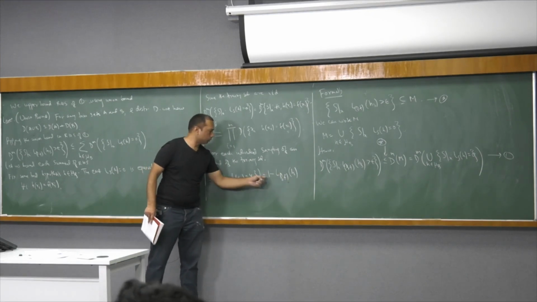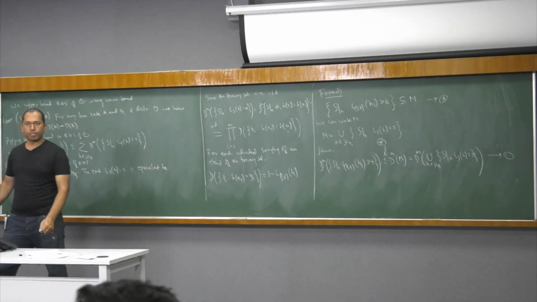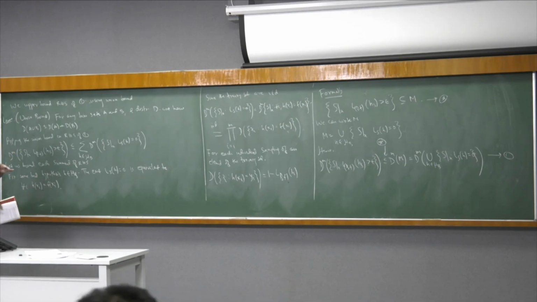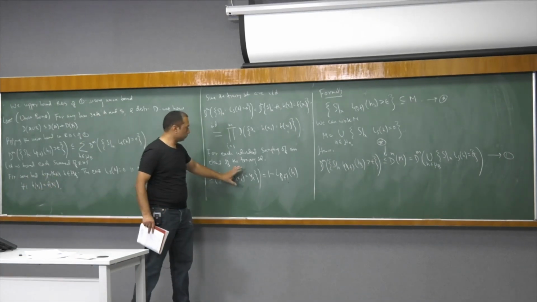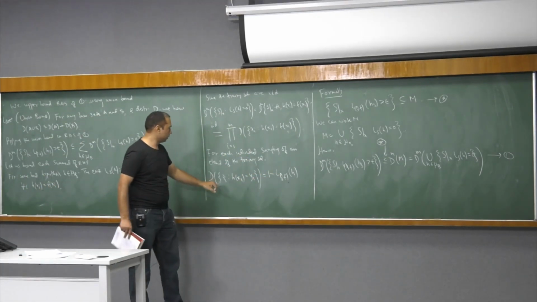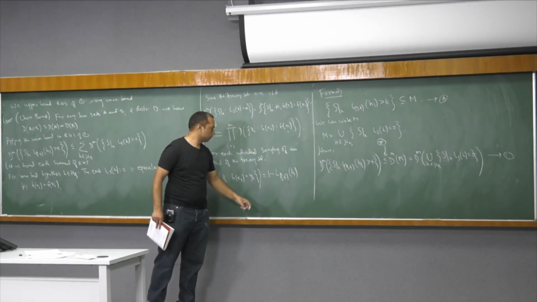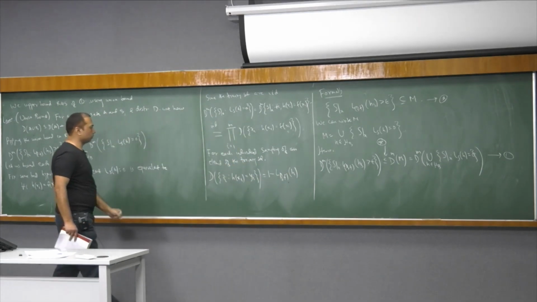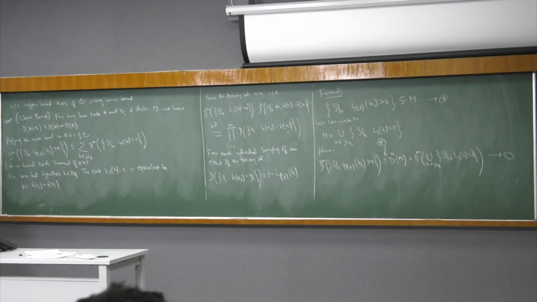Together they must be 1, so it is the complement: 1 minus this, where this is all the cases where it was not equal.